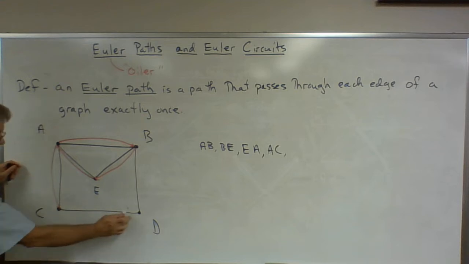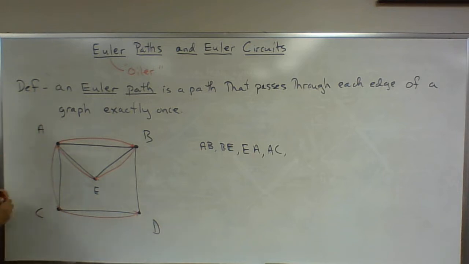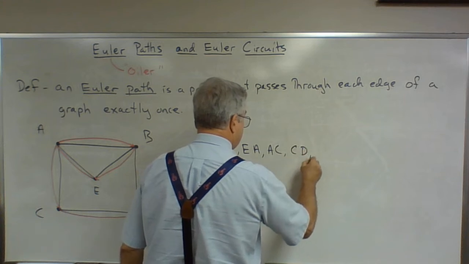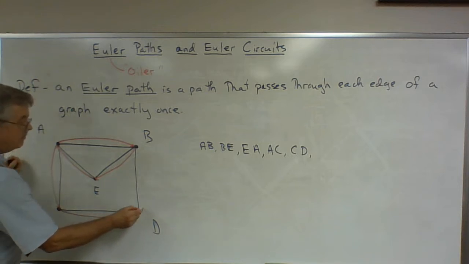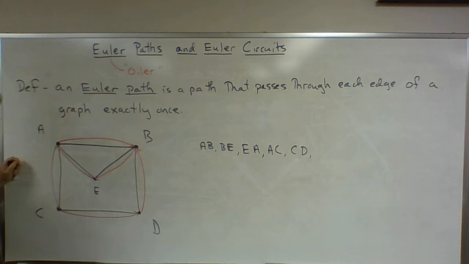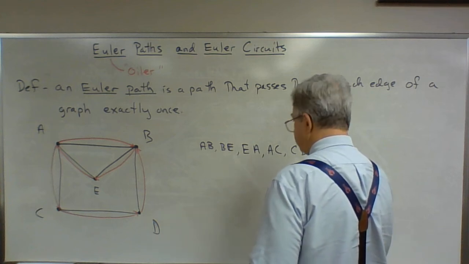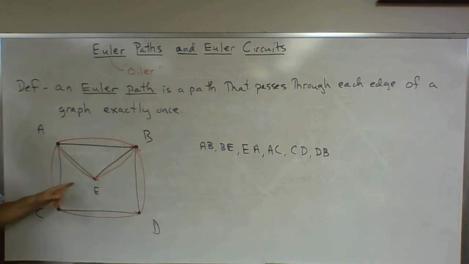I have to cover this edge from C to D. So there's edge CD. And now I go from D to B. And I've got this edge covered. And I've covered every single edge of this graph exactly once.